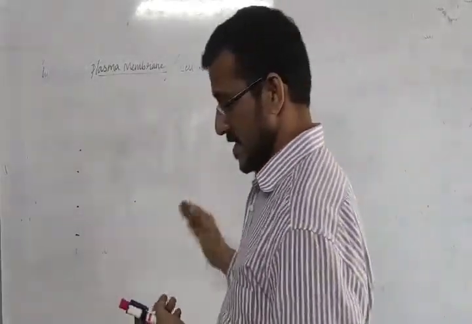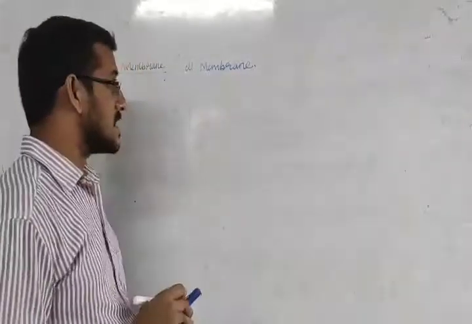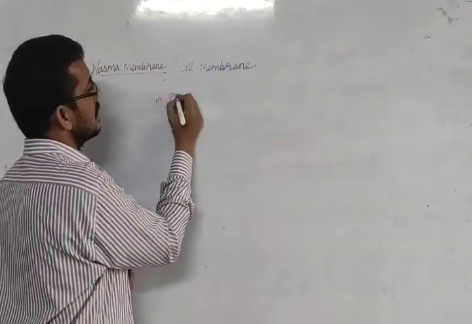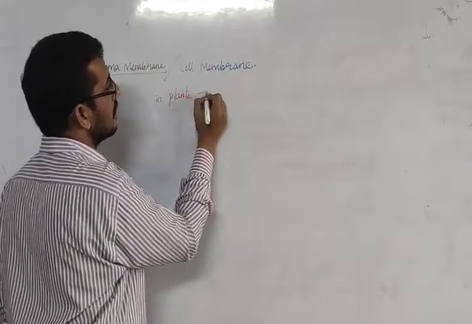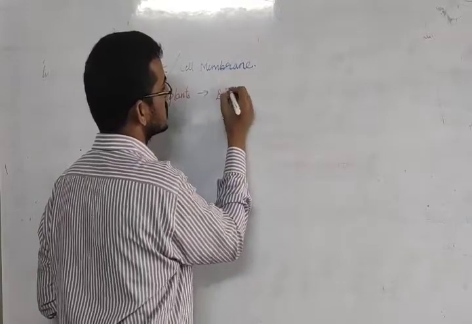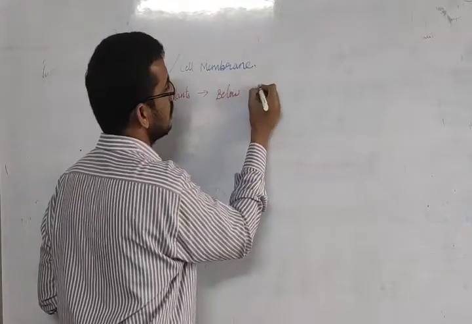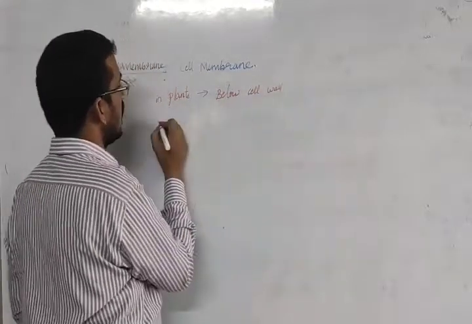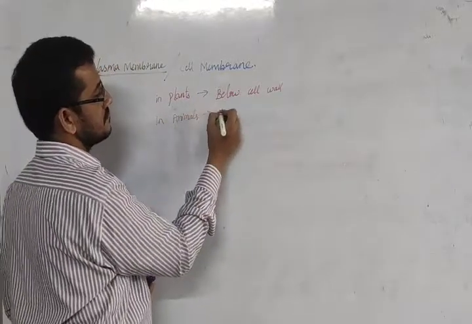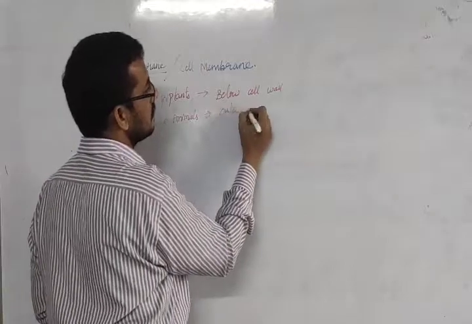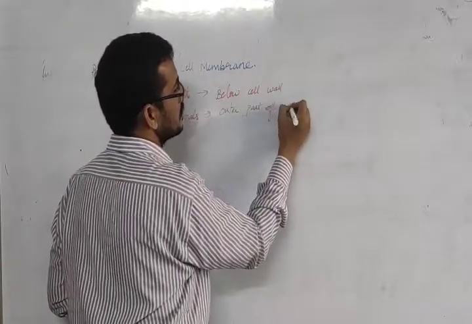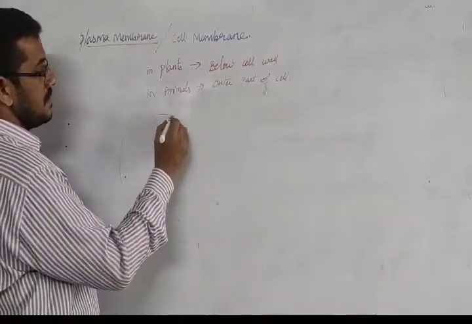In a plant cell, it is present below the cell wall. But in the case of an animal cell, it is the outer layer, the outer part of the cell. Okay, got it.